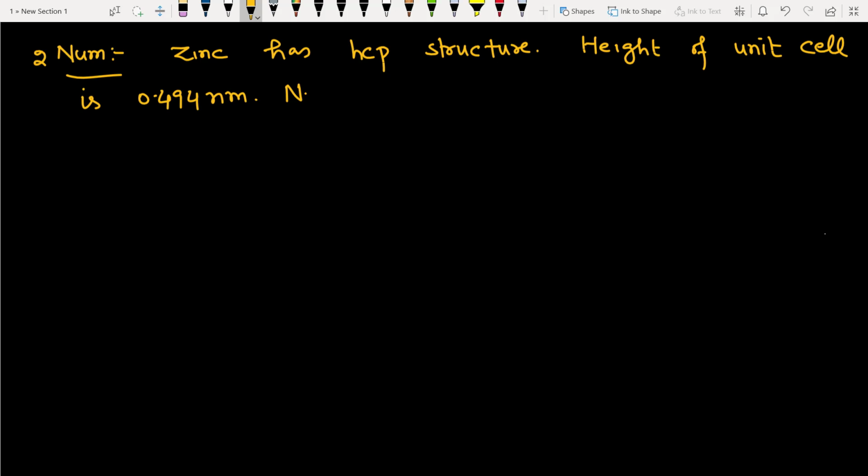Nearest neighbor distance is 0.27 nanometer.